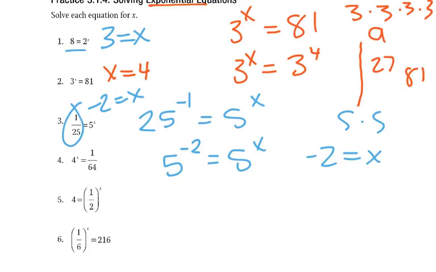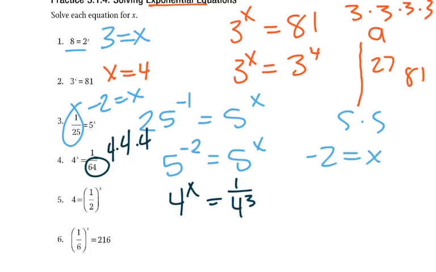Okay, and number 4, 4 to the x equals 1 over 64. Well, 4 times 4 is 16, times 4 is 64. So it's 1 over 4 cubed, which, if I take it out of its fraction, is 4 to the negative 3. So we get x equals negative 3. Okay, number 5, we have 4 equals 1/2 to the x.